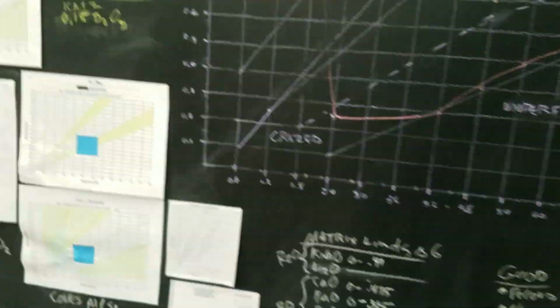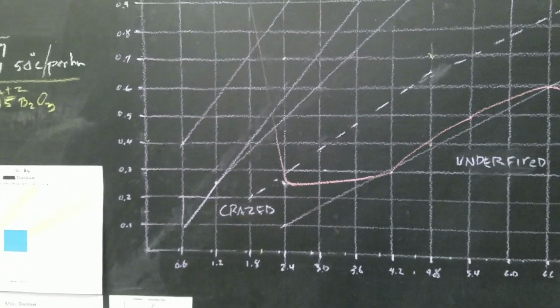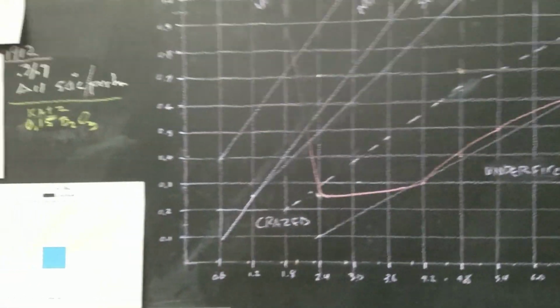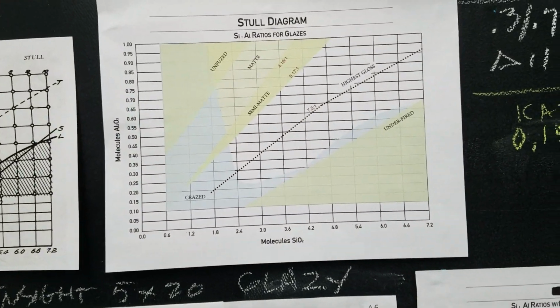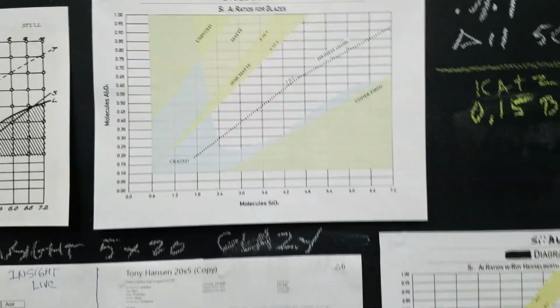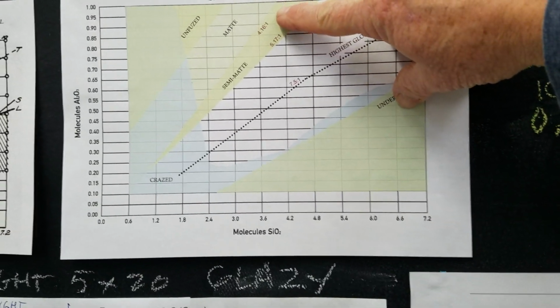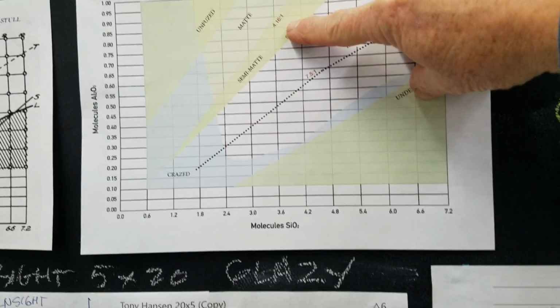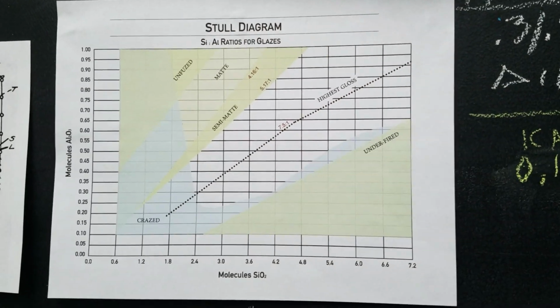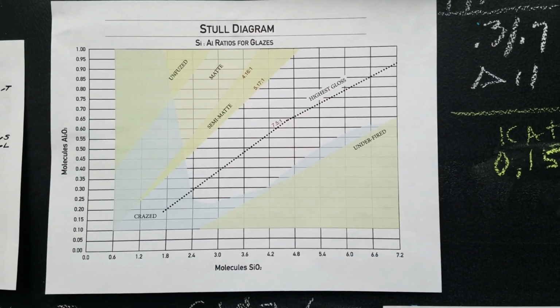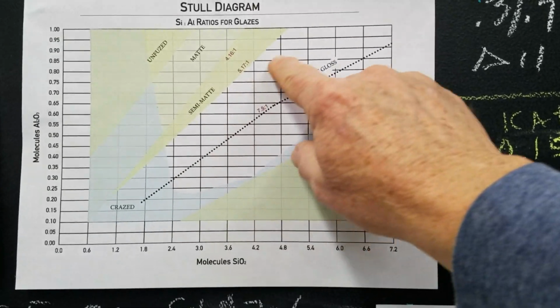So to me, the problem with this chart is not that it's not very nice, and it looks super good when you see your thing plotted on there, but it over-promises. Even these semi-matte and matte are not always correct because that depends on cooling. If you have a real long cooling cycle, it may be way over here past the line.